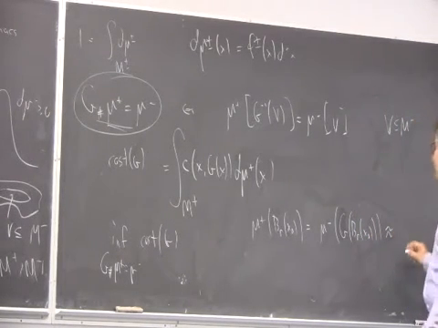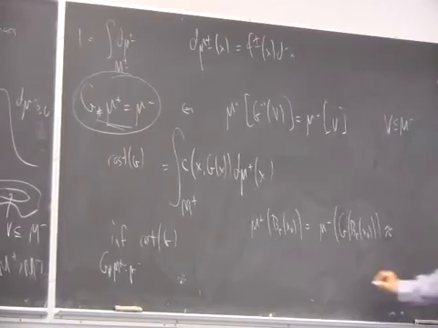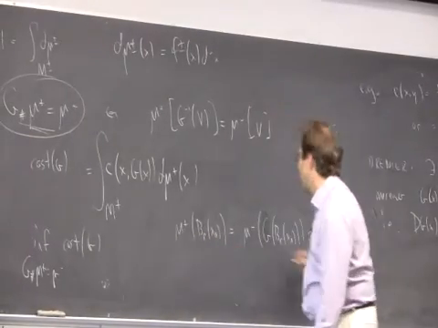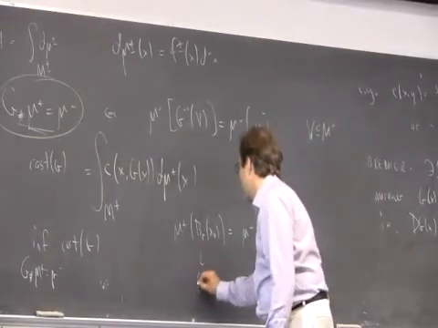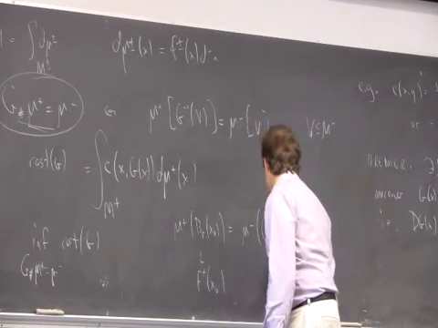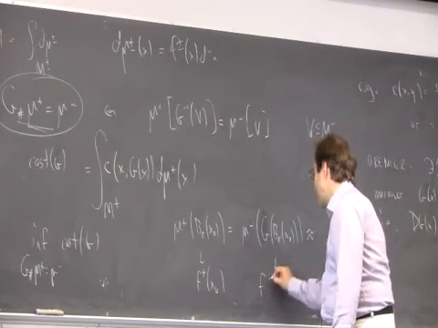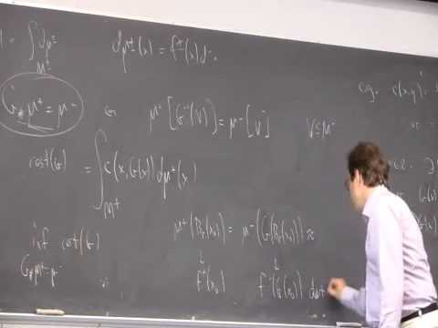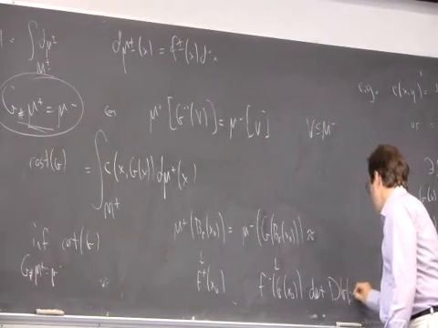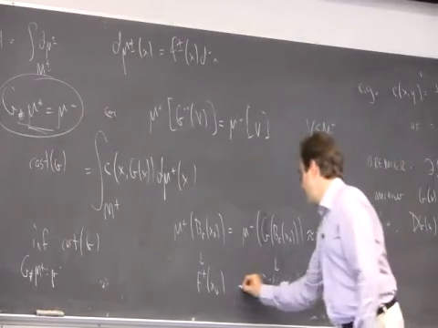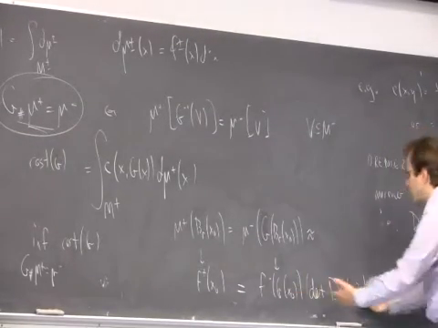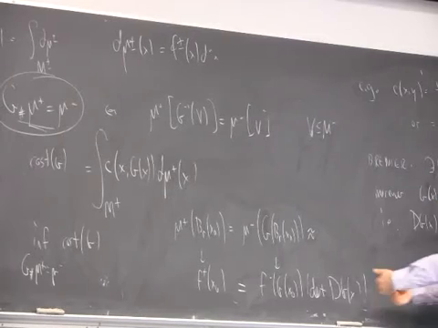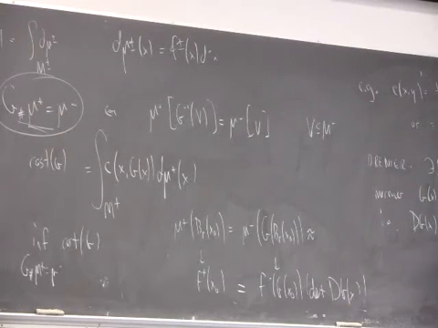And this is approximately, as R goes to 0, if I normalize by the volume of the ball, this will go to something like f plus of x naught. And this will go to something like f minus of g of x naught times a Jacobian factor. So this is the sense in which my mapping here is solving a very nonlinear differential equation.